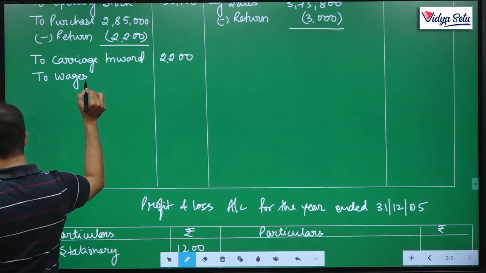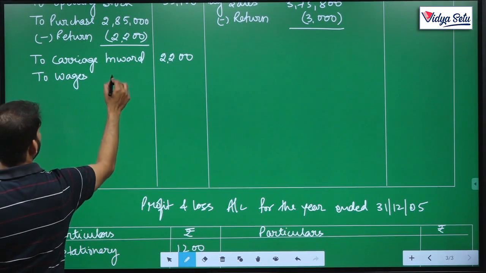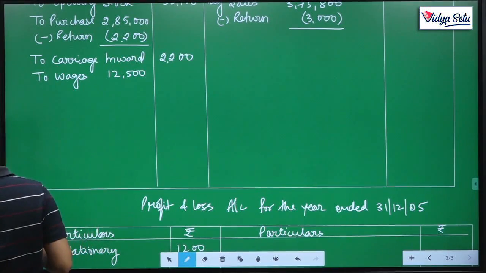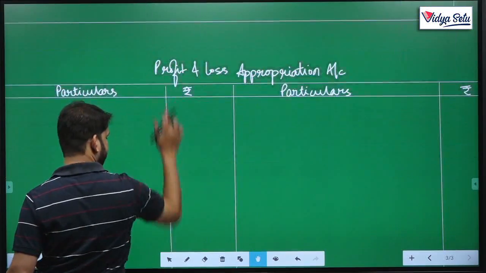We have wages in trading, but I remember there was some adjustment here. So wages is 12,500.